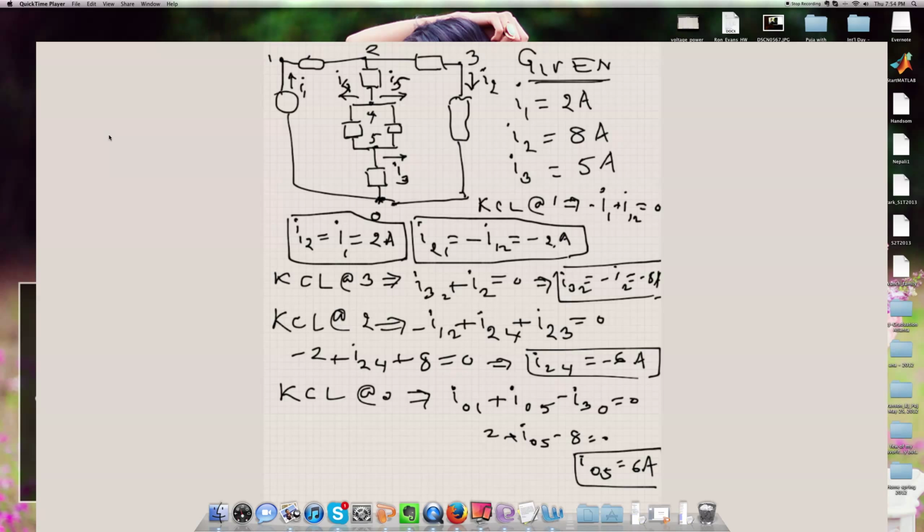So let's redraw this circuit. We have the same circuit redrawn, but this time having the knowledge of all these numbers to see if they make sense or not. That's where the fun is, and hopefully they will make sense, but we have to check this thing. The most fun thing is filling in all the numbers and seeing if they make sense or not.